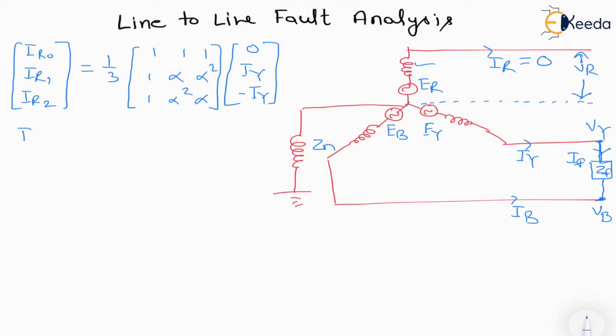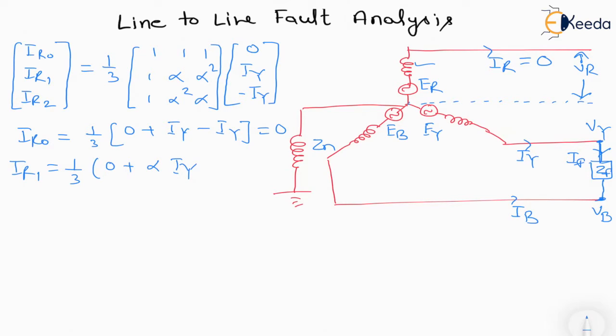So we can calculate IR0 is equal to 1 by 3 into 0 plus IY minus IY, that is equal to 0, and IR1 is equal to 1 by 3 into 0 plus alpha into IY minus alpha square into IY.